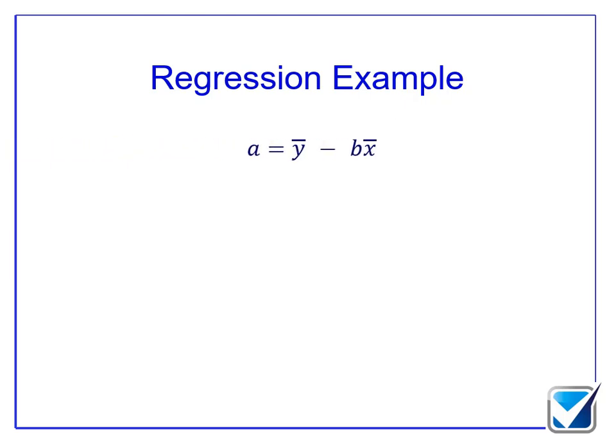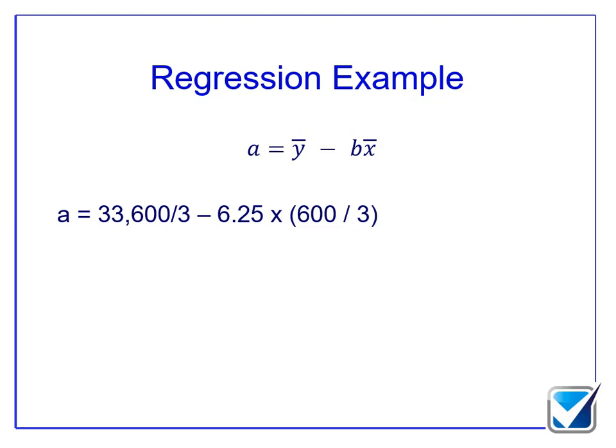Now, my fixed costs are A. So A equals the mean, or the average of Y, minus B, which we now know is 6.25, multiplied by the average of X. So A equals 33,600, which is the sum of Y, divided by N, because we've got 3 sets of coordinates there.